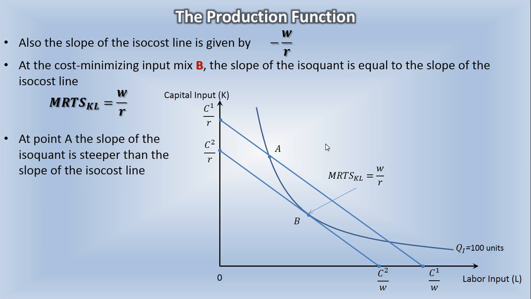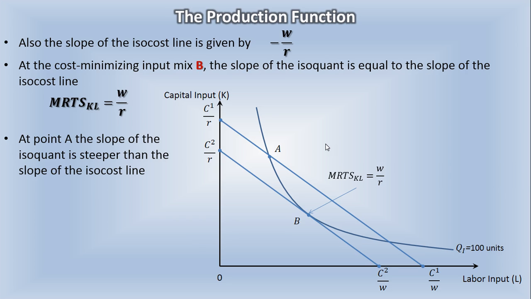So at point A, we see that the slope of the isoquant is greater than the slope of the isocost line, which means that as far as the production process goes, labor is worth more than the market rate of substitution for labor, meaning that it just makes sense to use more labor because the firm values labor more than what they have to pay for it in the open market.